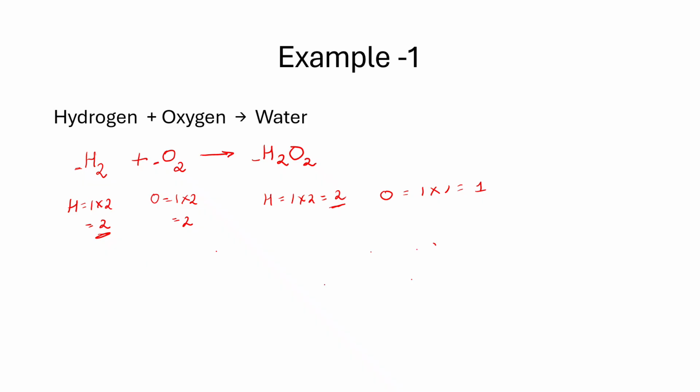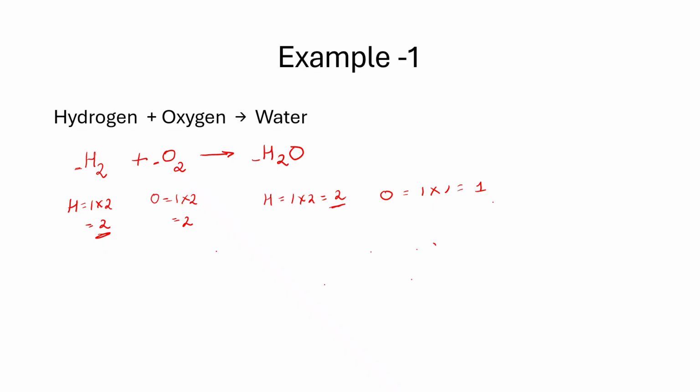So when you put this 2, this is no longer water. This is basically a different chemical substance called hydrogen peroxide. So in essence, you cannot balance a chemical equation by putting a number in the subscript.